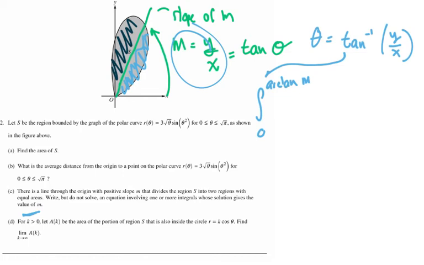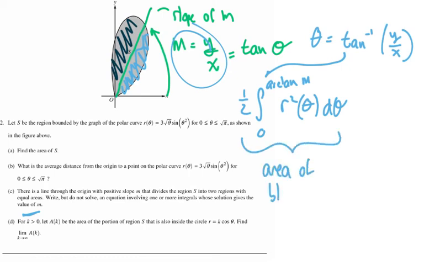of the function, I'm sorry, the area of the function, and the area of the function was 1/2 r squared d theta. Okay, so this right here is the area of the blue shaded region.